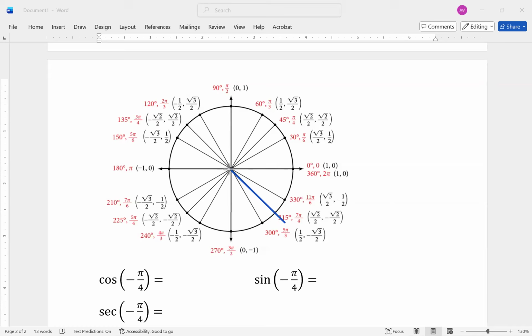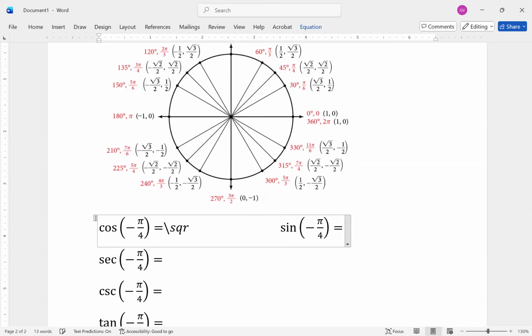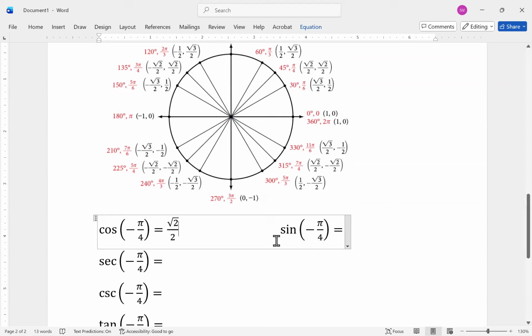So we end up with that ray, and that means we're at the point square root of 2 over 2, comma, negative square root of 2 over 2. So the x value of that point is the cosine, and that is the square root of 2 divided by 2. The sine of negative pi over 4, therefore, would be the negative square root of 2 over 2.